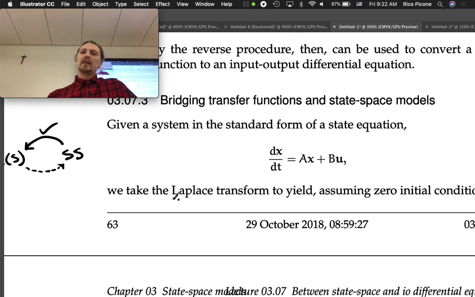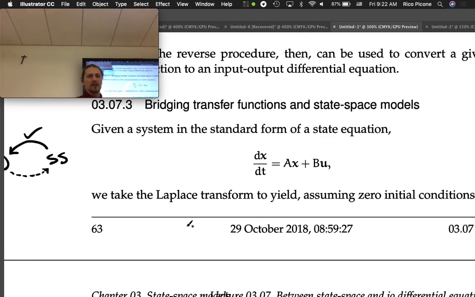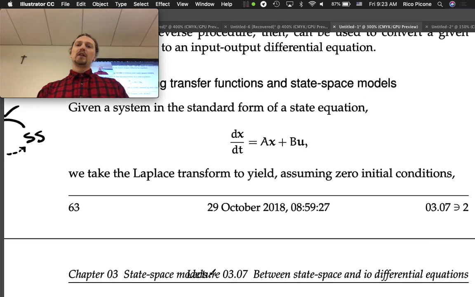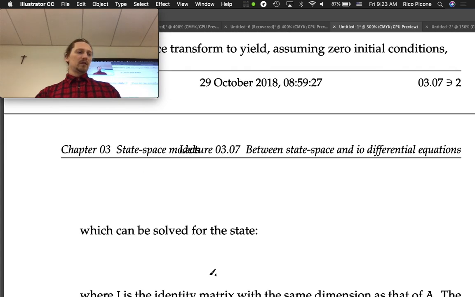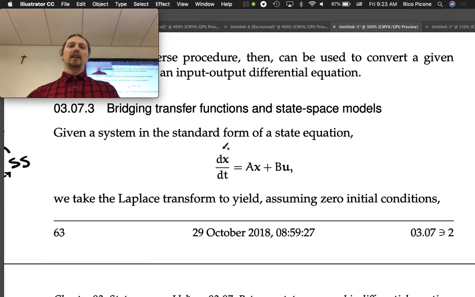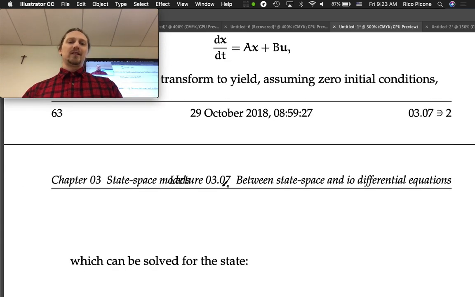Given a system in the standard form of a state equation, dx/dt equals Ax plus Bu, we take the Laplace transform, assuming 0 initial conditions. The left-hand side has a time derivative, and assuming 0 initial conditions, that's going to be sX.